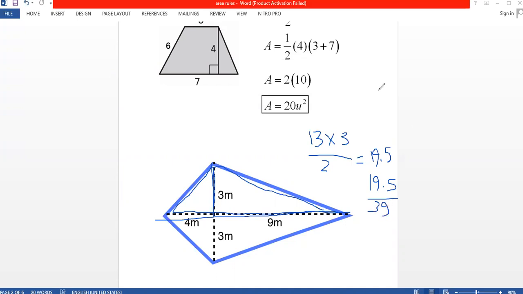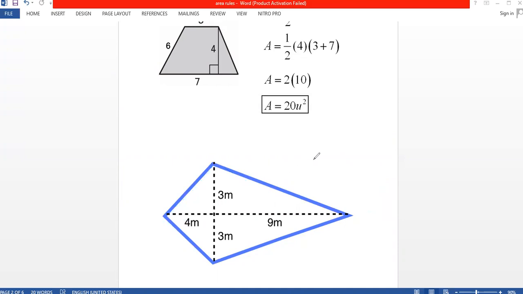The other way is to use the formula of the kite, using the diagonals between the opposite vertices. This diagonal 1, which is 13, multiplied by diagonal 2, which is 6, divided by 2.